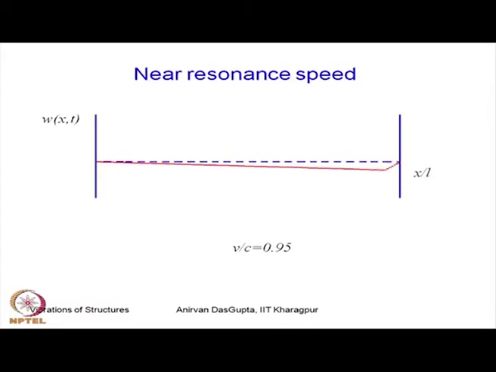At resonance, as you know, the amplitude grows linearly with time. So, this is near resonance, slightly lower. So, you can see the behavior of the string is distinctly different from the previous behavior. This is a transient motion, and this has to be understood in terms of the propagation of waves in the string, which we are going to take up later in this course.